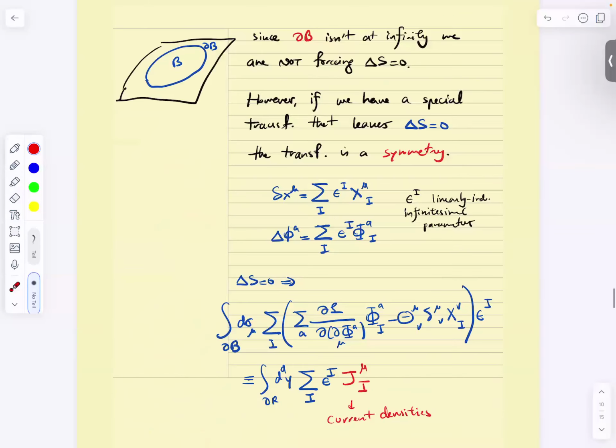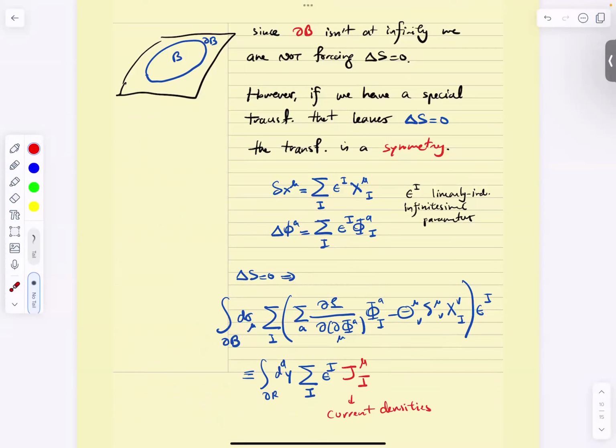Once you plug them back in, you obtain these equations. Let me just write them on the board quickly. The variation of the field delta phi of A was the sum over I of epsilon I times this phi of A, capital, and then the delta of x mu, the sum over I.